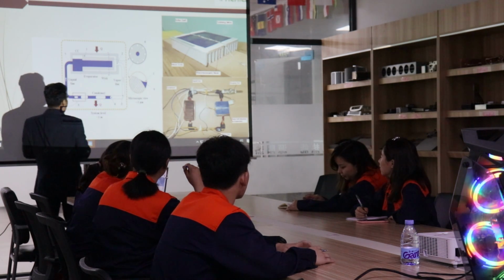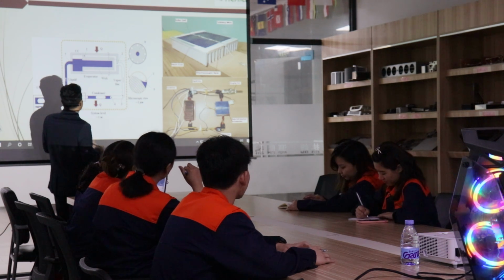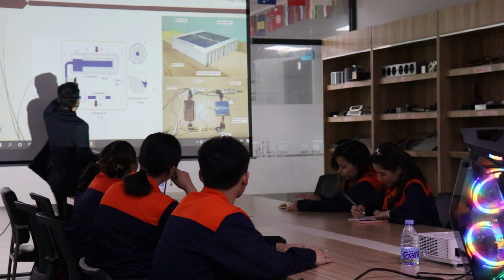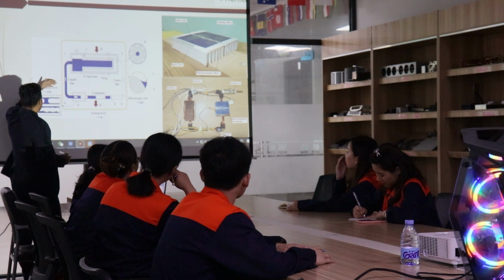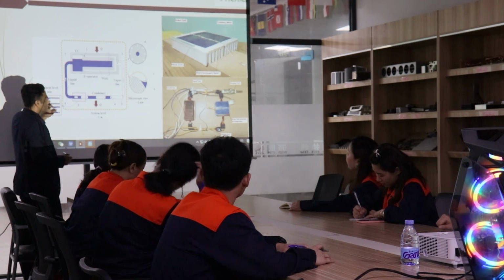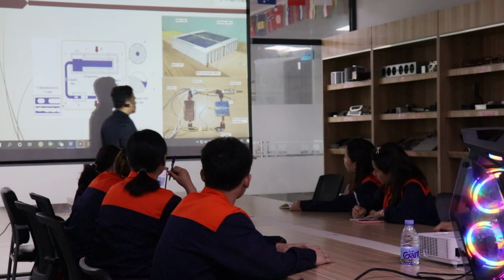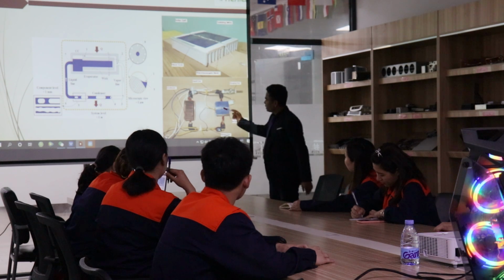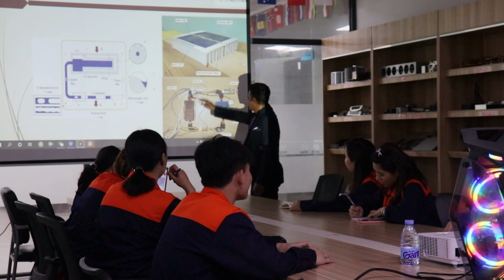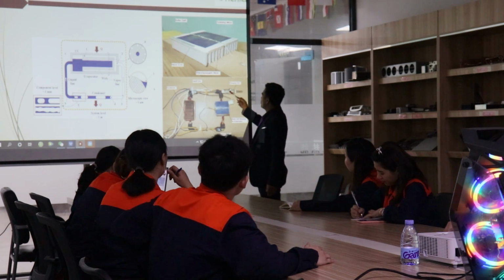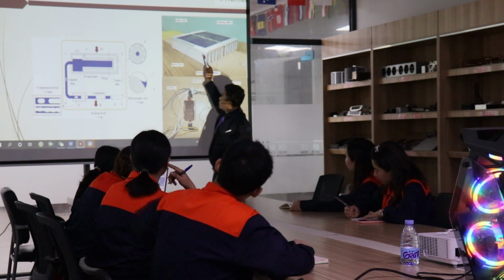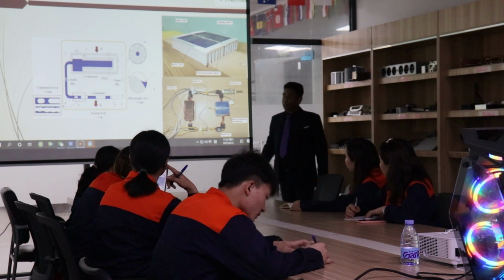The loop heat pipe, the LHP: cooling, heating, vapor, liquid. So these issues involve fluid simulation, evaporation, condensation, the process, heat pipe, pressure pump. This is different. This is used for the solar panel.